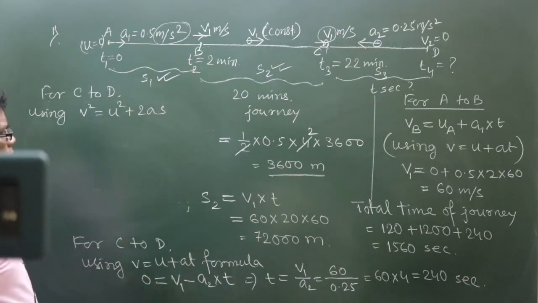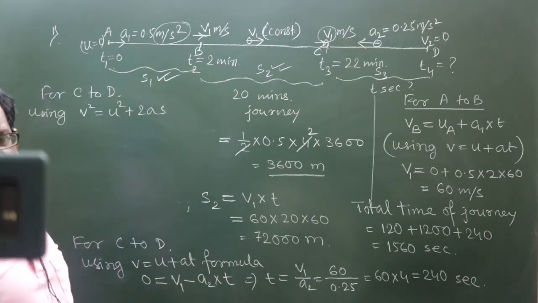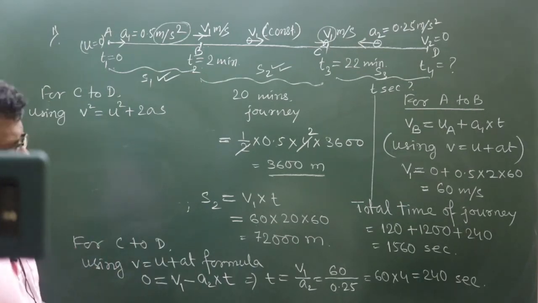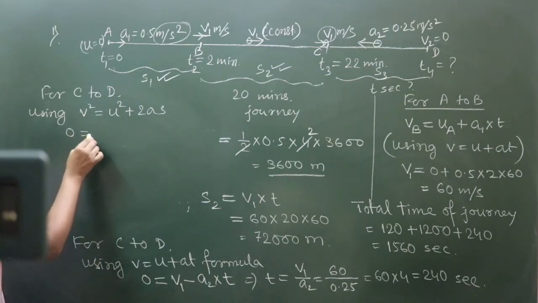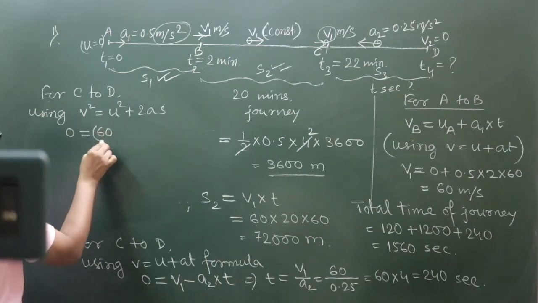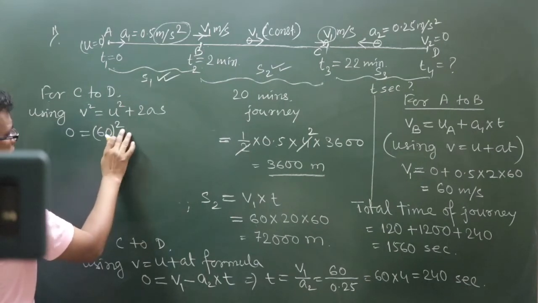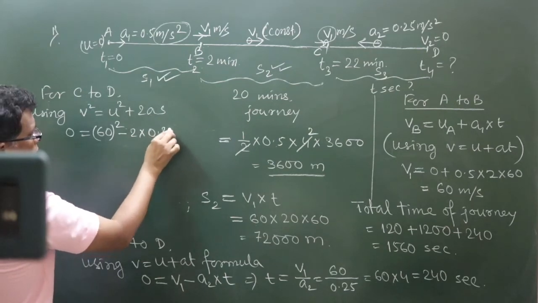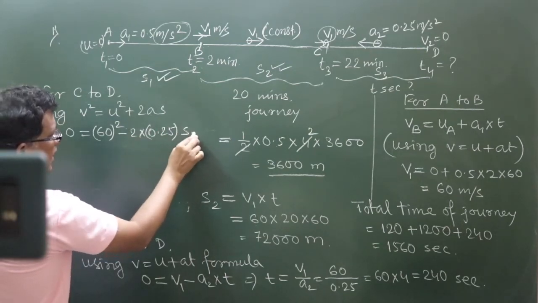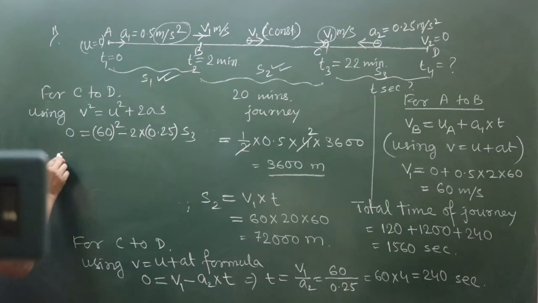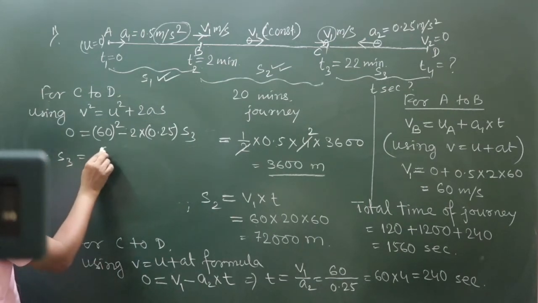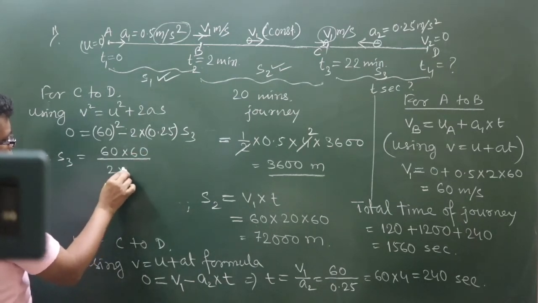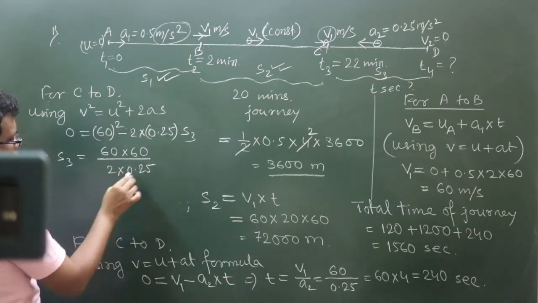This is the formula that can help us to know S, that is the displacement in retarded motion from C to D. So final velocity is 0, initial was 60 square, minus, I will use minus since A is retardation, 2 into 0.25, that into S as S3. So the value of S3 will be 60 into 60 divided by 2 into 0.25.